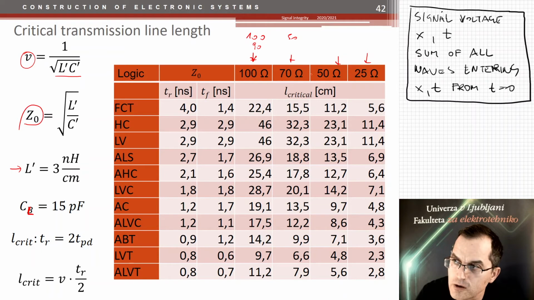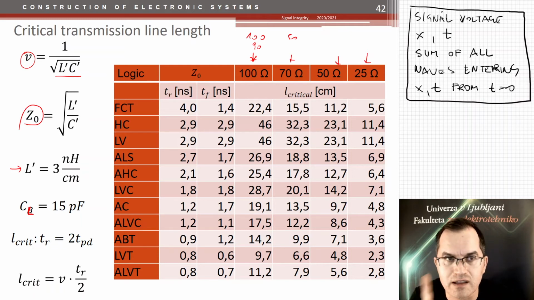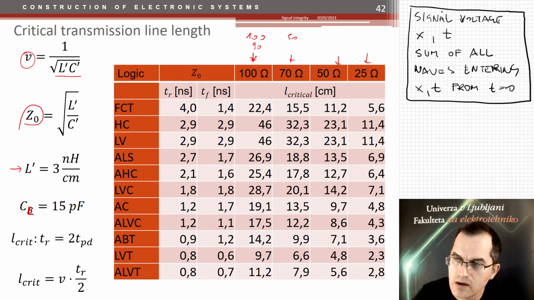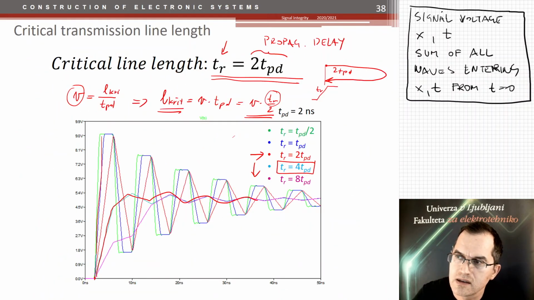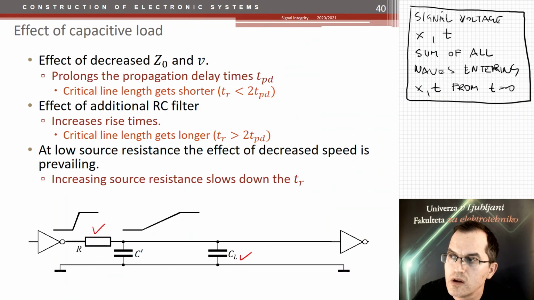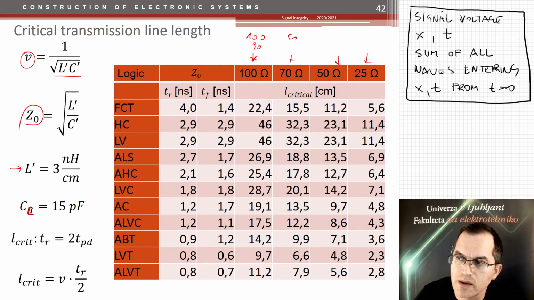So for 50 ohm impedances, you see that these critical line lengths are getting down to a few centimeters. But these are critical line lengths. You know that you should be on the safe side. So maybe we should not go to the limit. Maybe we should go just to half of this length.